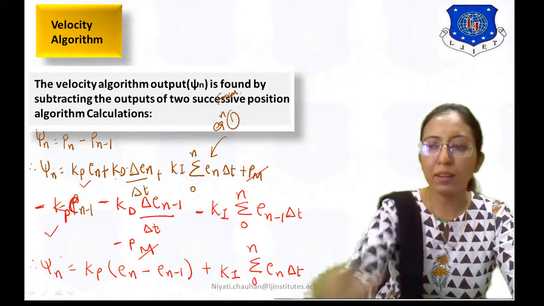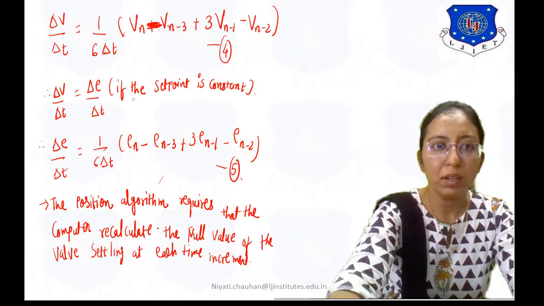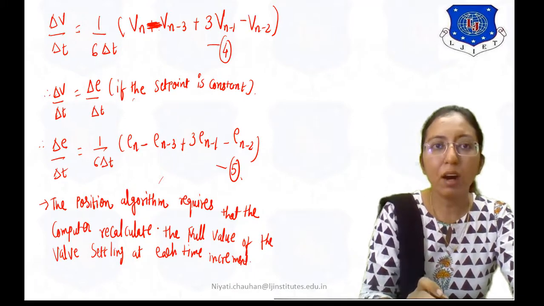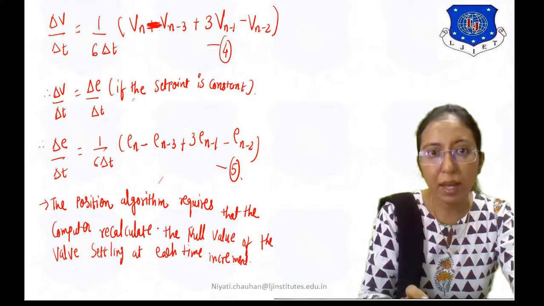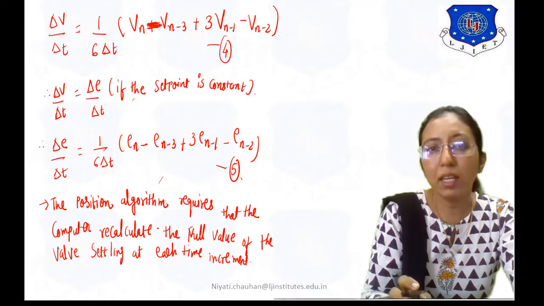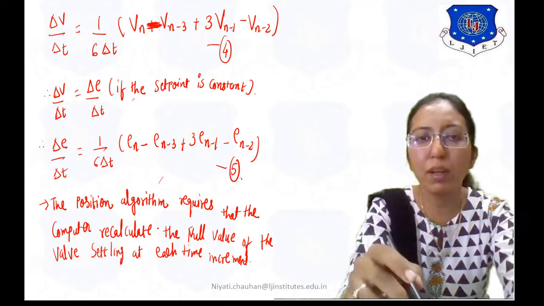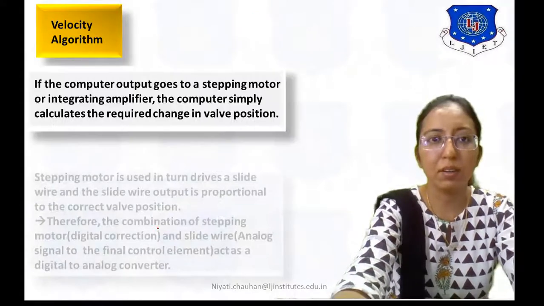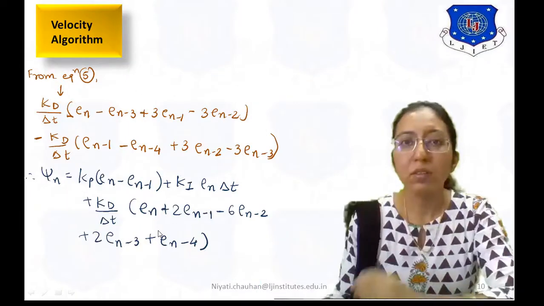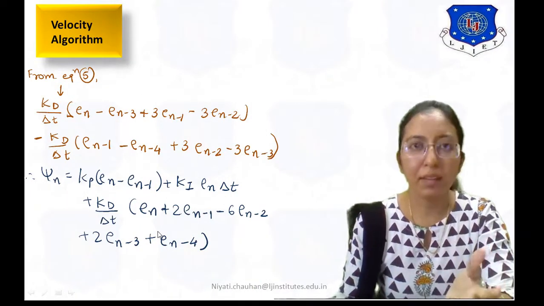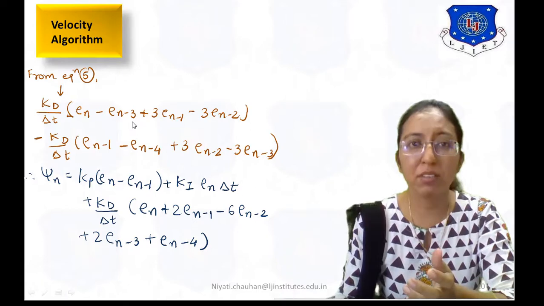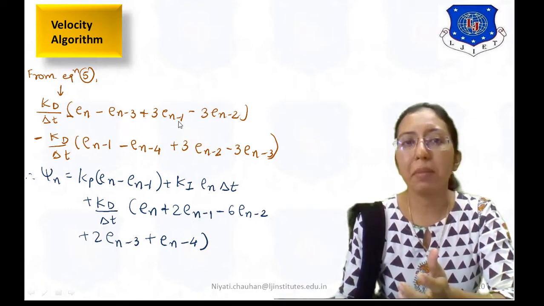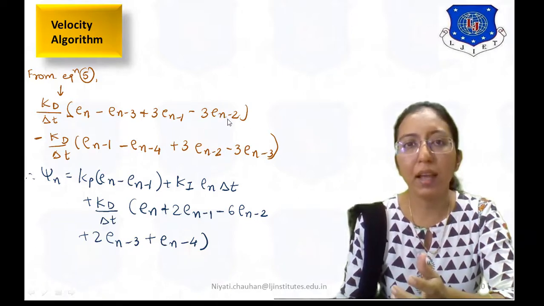We know that delta E upon delta t is equal to 1 upon 6 delta t times En minus 3 plus 3 En minus 1 minus 3 En minus 2. So from equation number 5 we can write Kd upon 6 delta t in bracket En plus 3 En minus 1 minus 3 En minus 2 minus En minus 3, bracket closed.